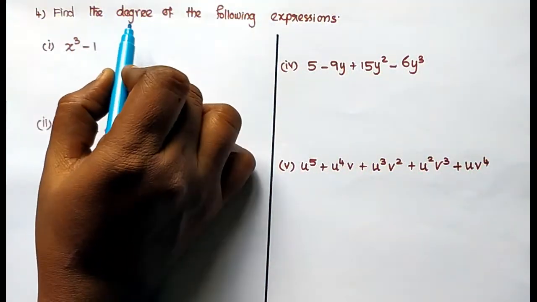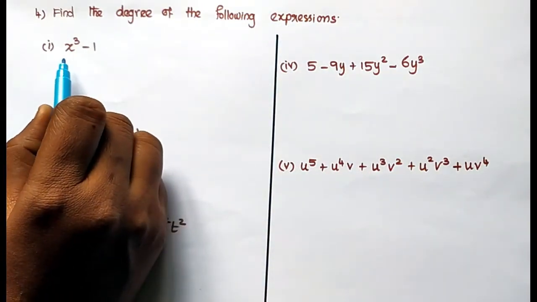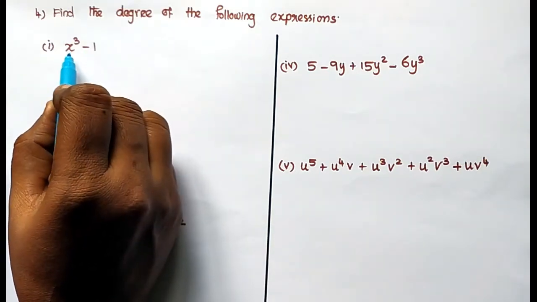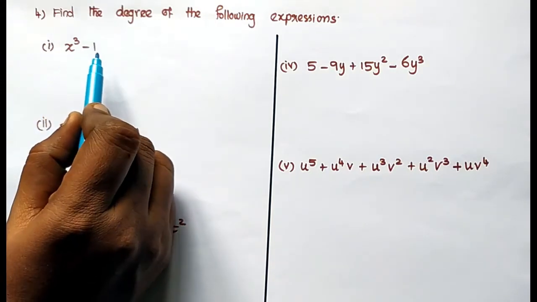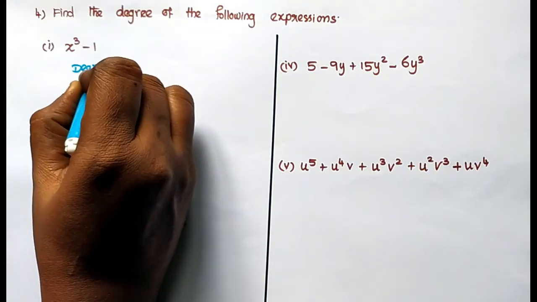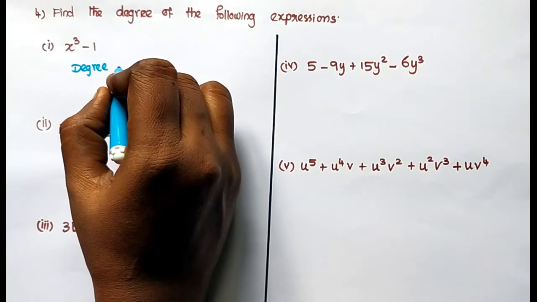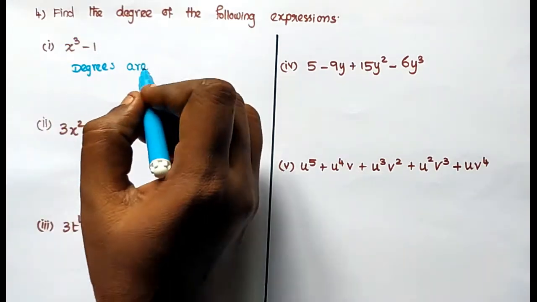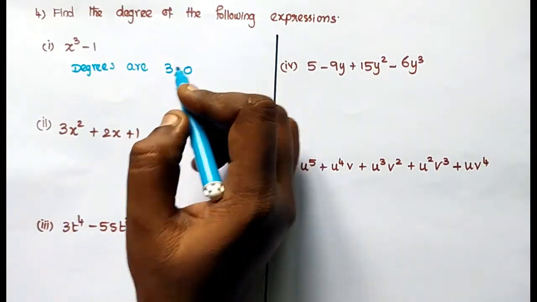Fourth sum, find the degree of the following expressions. Listen, first question, x power 3 minus 1. Here two terms: one is the x cube term and the other is the constant term. The degrees of the terms are 3 and 0.